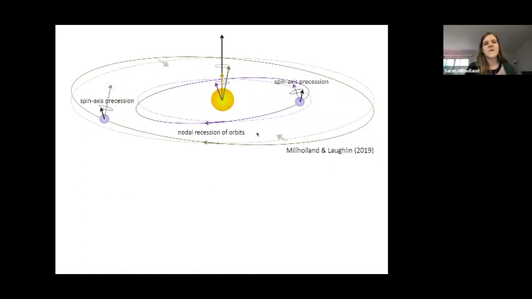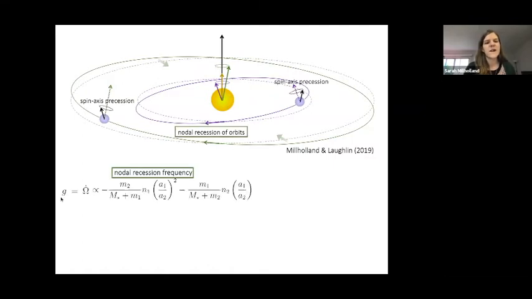And the frequency of this precession we can call G, and it is, in a low eccentricity and low inclination regime, just related to the masses and semi-major axes of the two planets. In addition to this precession, there is also a precession due to the torque from the star raised on the oblate figures of the planets that causes their spin axes to precess around their respective orbit normals.